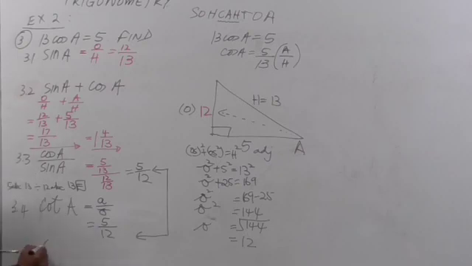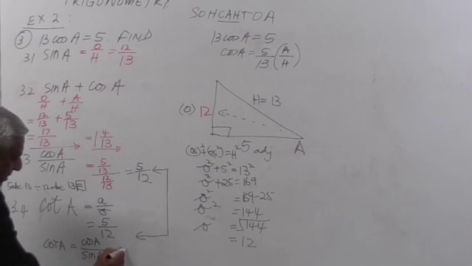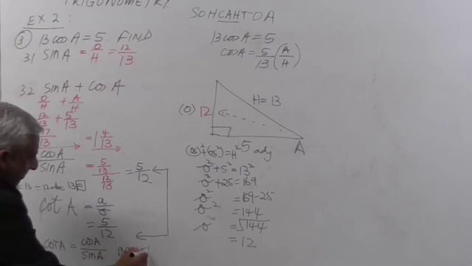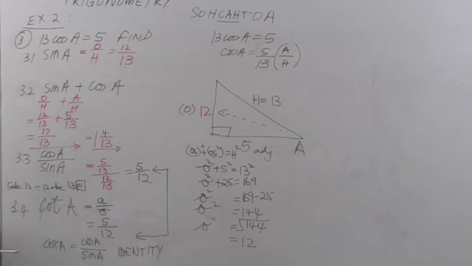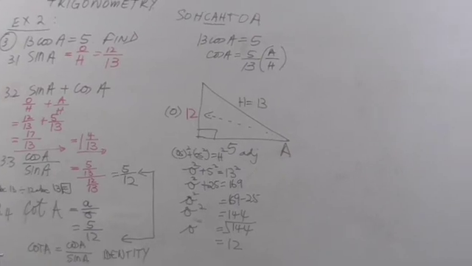I can even write it down here. Cot A is equal to cos A over sin A. And like we told you earlier on, this is called an identity. Alright, that was number 3. Let's move on to number 4.